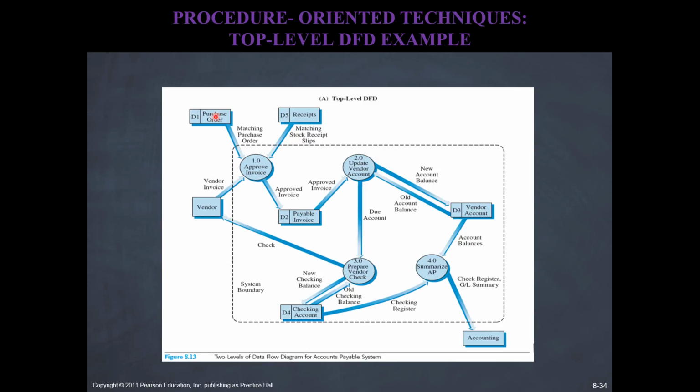Then we have a number of databases or data stores, as they call them in DFD modeling. We have a database storing information about purchase orders. We have a database storing information about receipts and so forth. So you see, in a way, we're staying away from technology. We're saying there are certain processes, there are certain participants interacting with those processes, and there are certain databases supporting those processes and data flows.